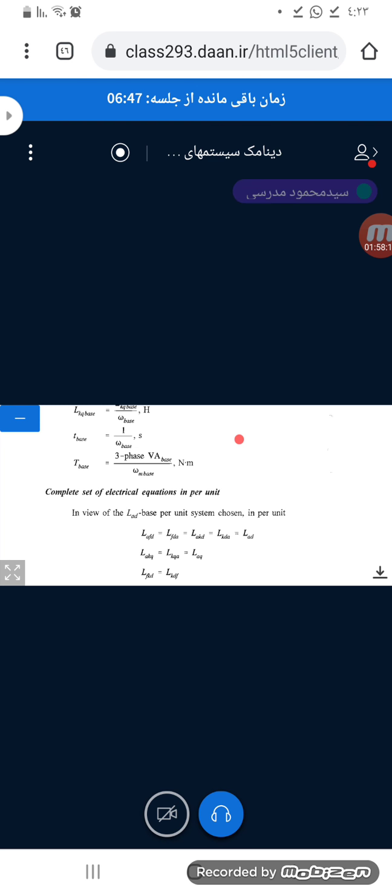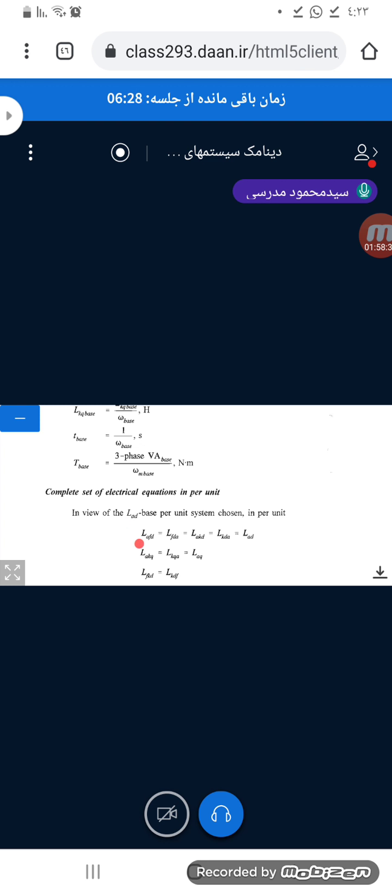So, the complete set of electrical equations in per unit, in view of the LAD base per unit system chosen.